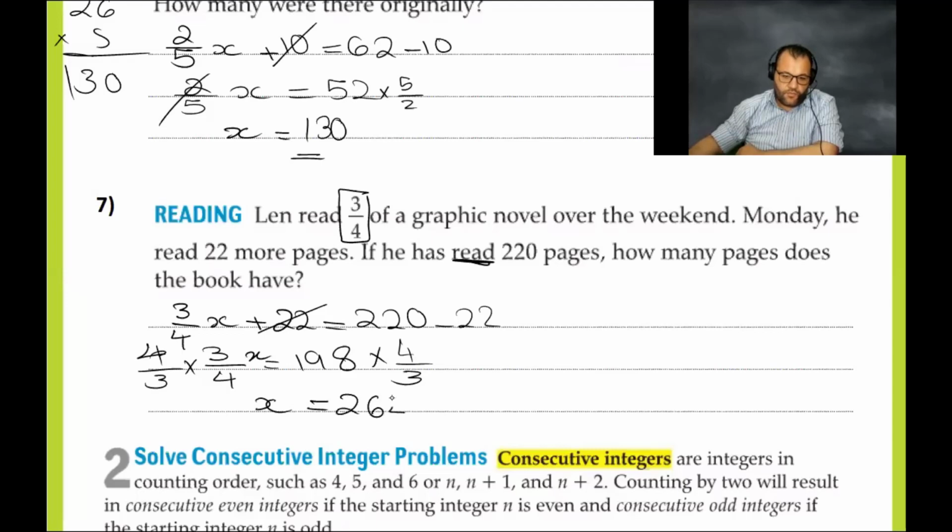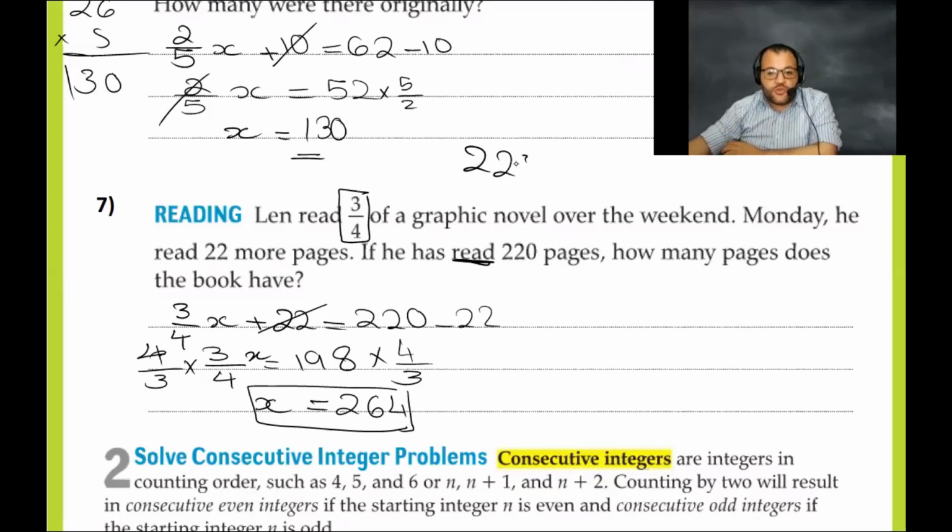After he finished reading 3 over 4 plus 22, he finished 220. How come the total number of pages was 138? It's not logical. Just look at the answer to see if it's logical or not.